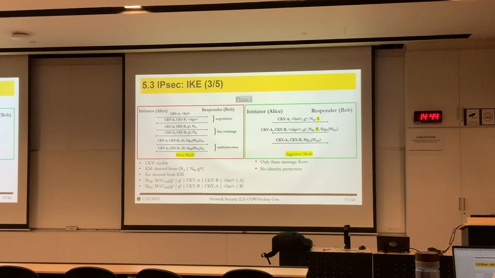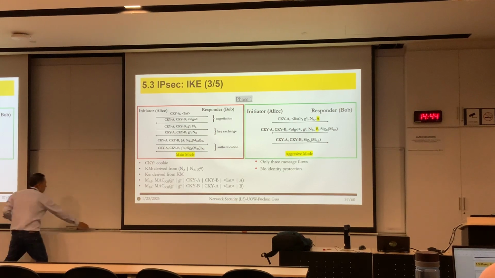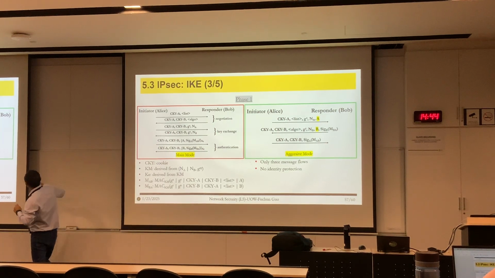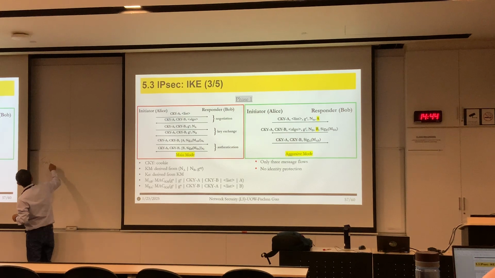And they will use KE to encrypt the identities A and B. This is some kind of encryption, equivalent to ENC_KE of the message.